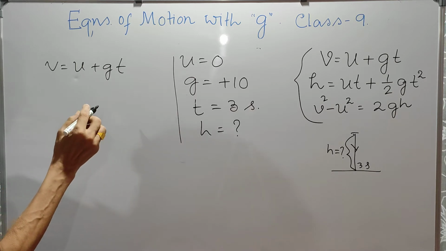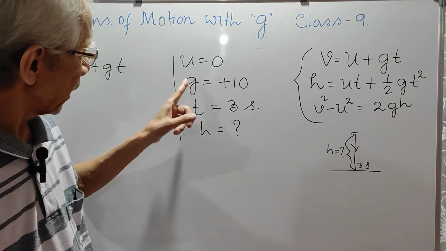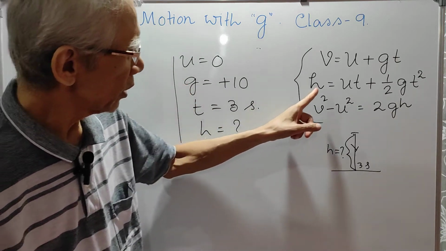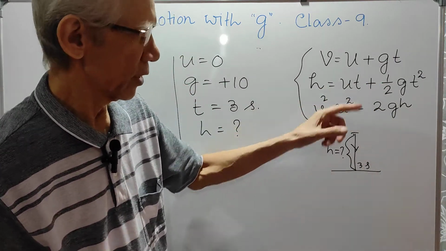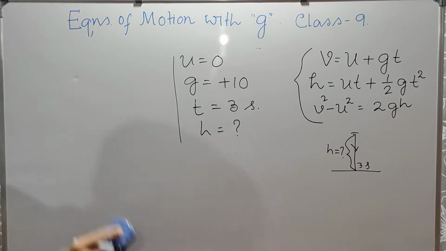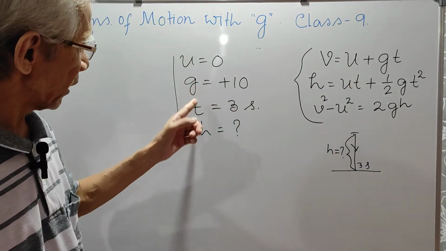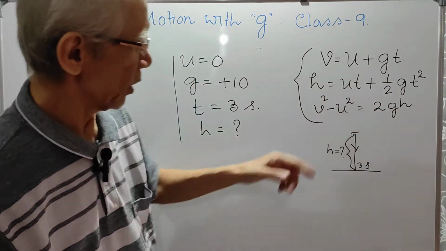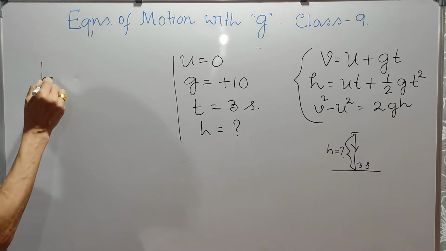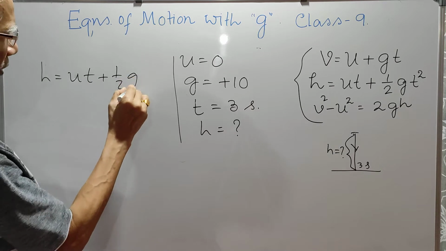No. These four, u, g, t, h, are present not in the first one but in the second one. So this is the most important part, choosing the right equation. These four letters are present in the second equation, so we'll use h equal to ut plus half gt square.